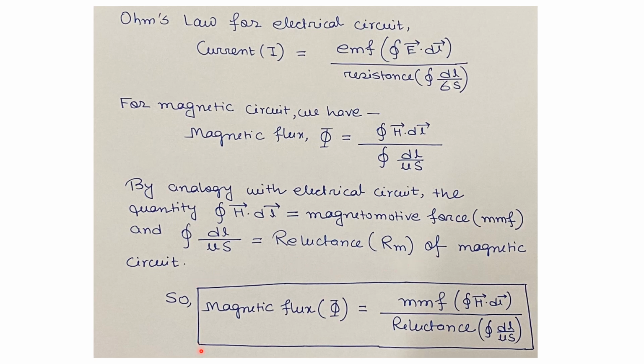So we have the working formula: magnetic flux phi equals MMF, which is the closed path integral of H vector, divided by reluctance, that is the closed path integral of dl by mu S.